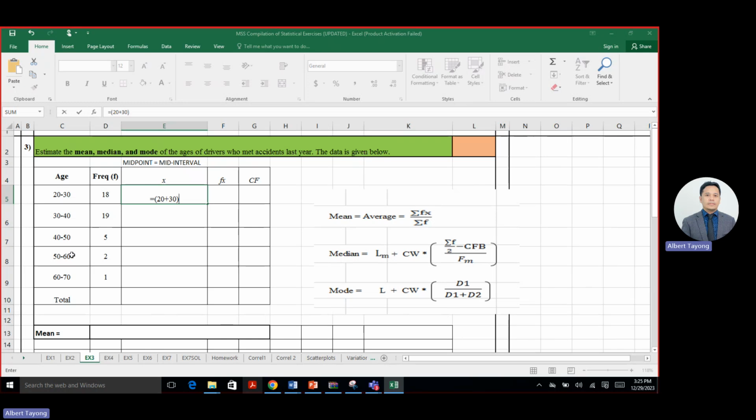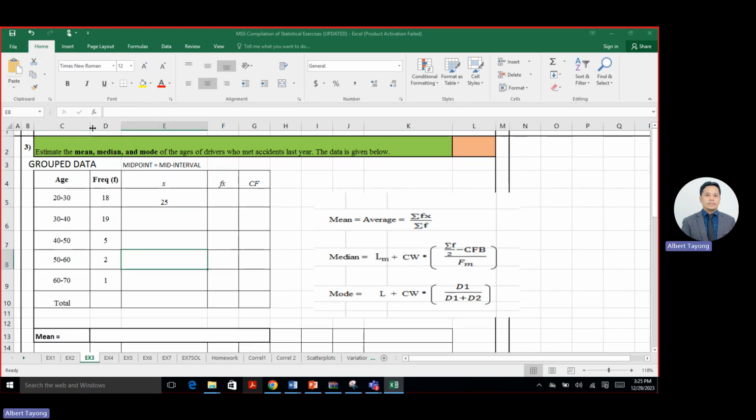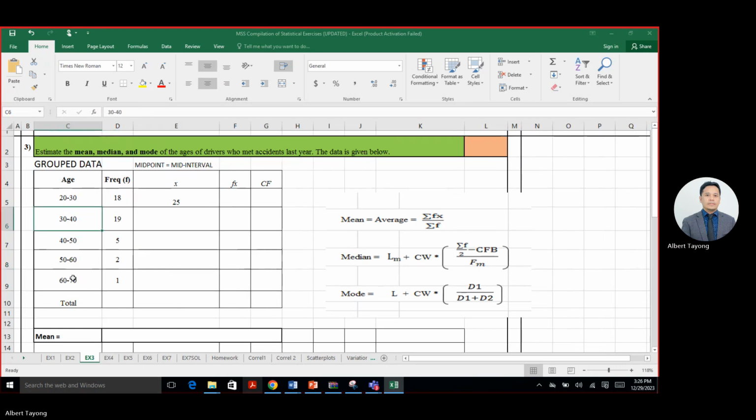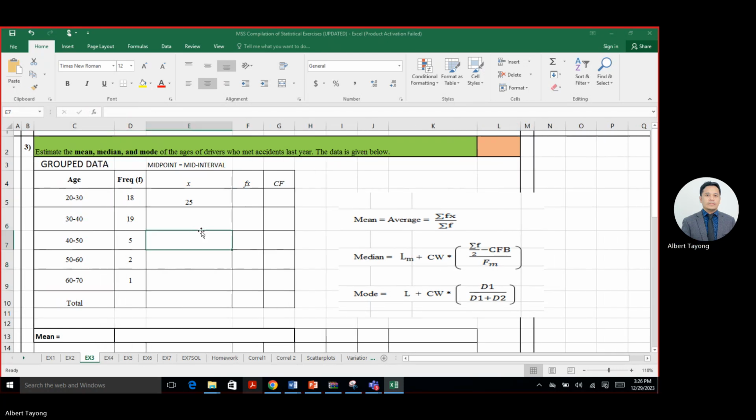Because as you can see, the values here are given as intervals or group data. We call this group data because we have intervals or classes starting from 20 to 30 until 60 to 70.